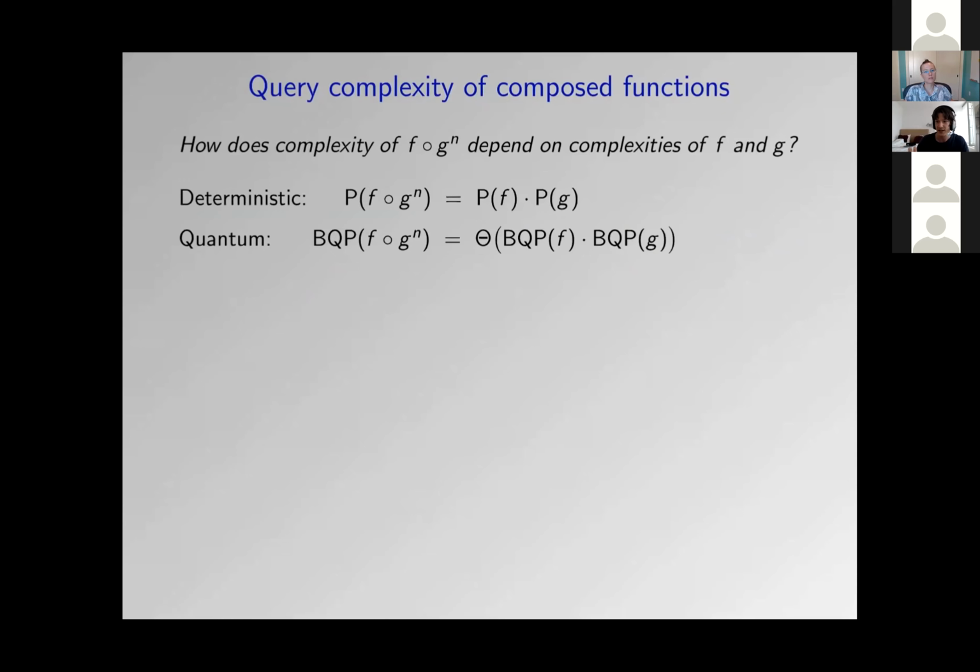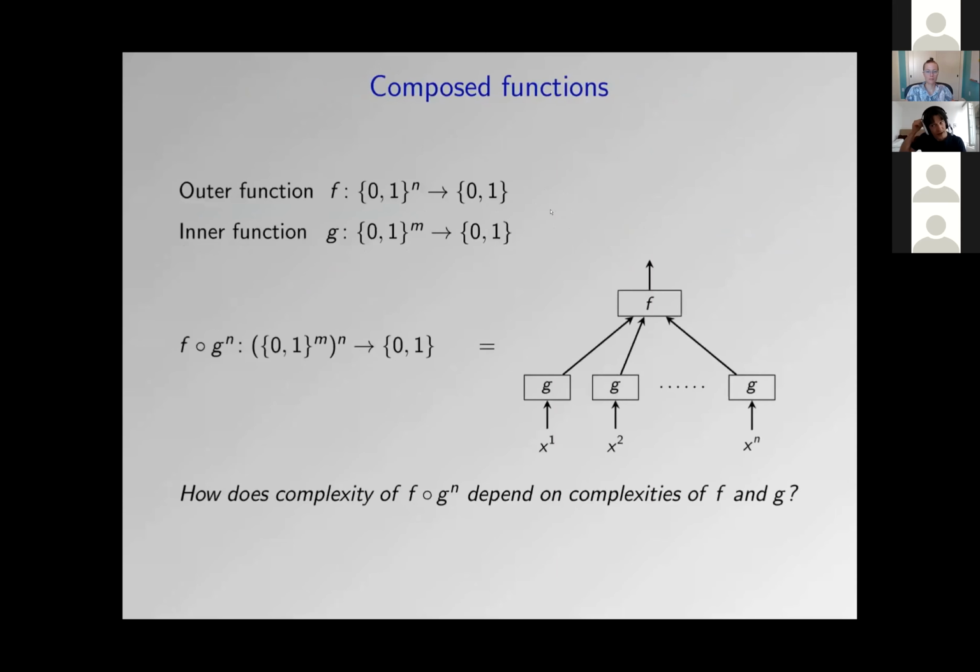In fact, let me just sketch why, if you have both a decision tree for f and one for g, you can efficiently construct one for the composed function. If I just go back a slide, how would you do that? You would compose the decision trees.